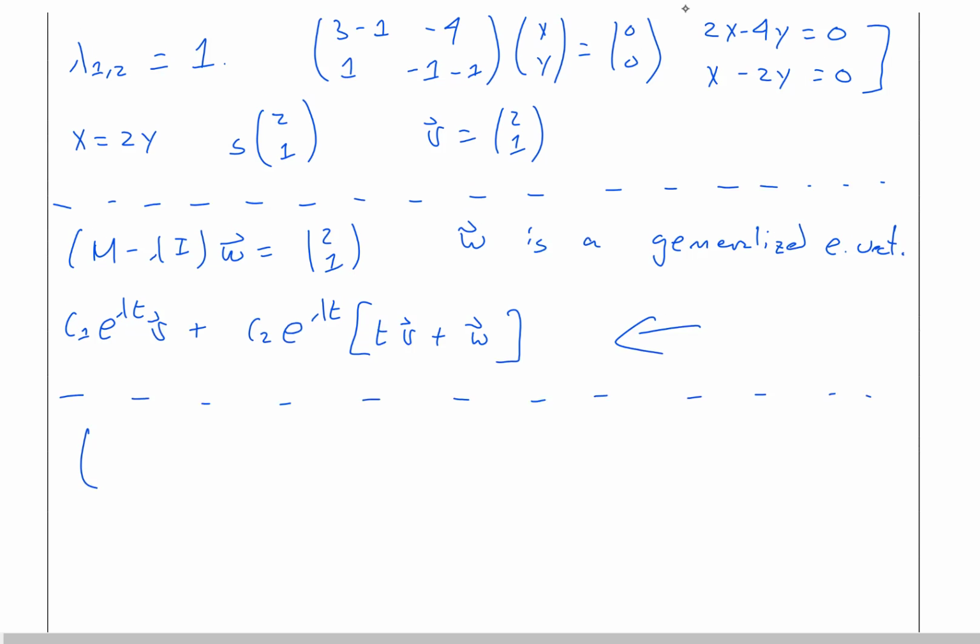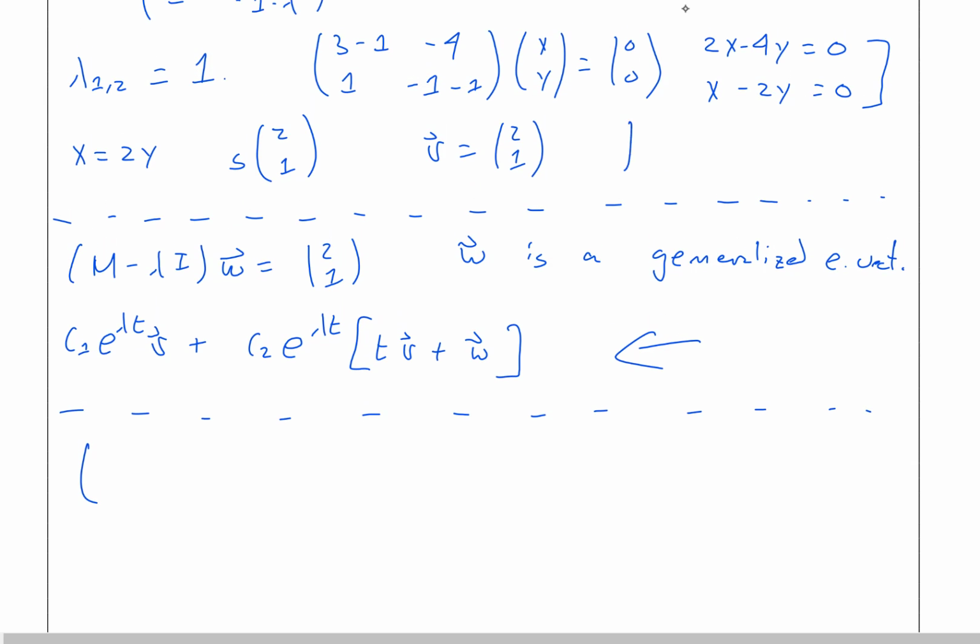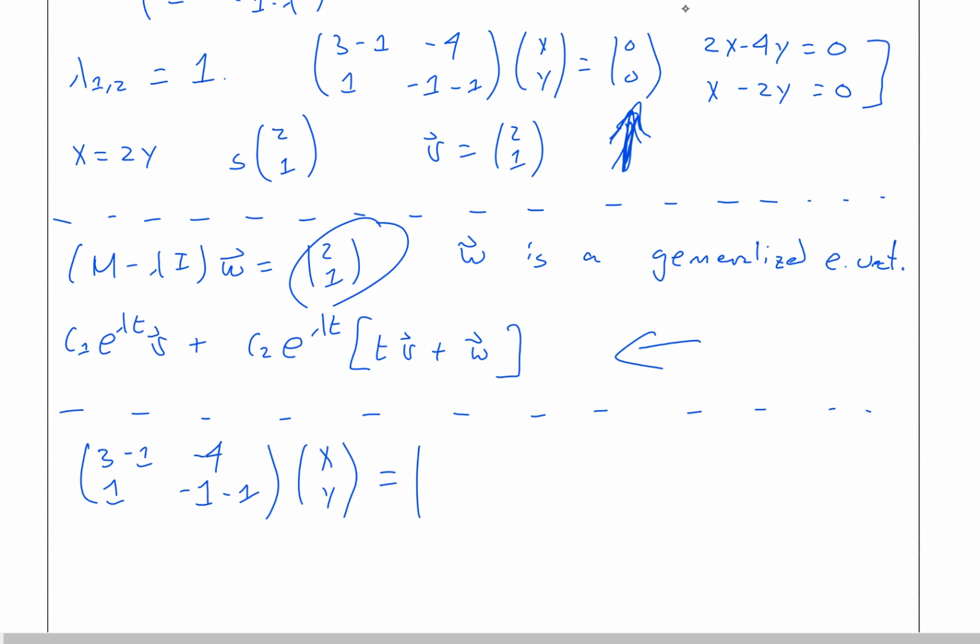The equation that we're going to solve is very similar to the eigenvector equation, except instead of having 0, 0 on the right-hand side, we're going to have the eigenvector on the right-hand side. So we'll have [3 minus 1, minus 4; 1, minus 1 minus 1] times [x, y] equal to [2, 1].